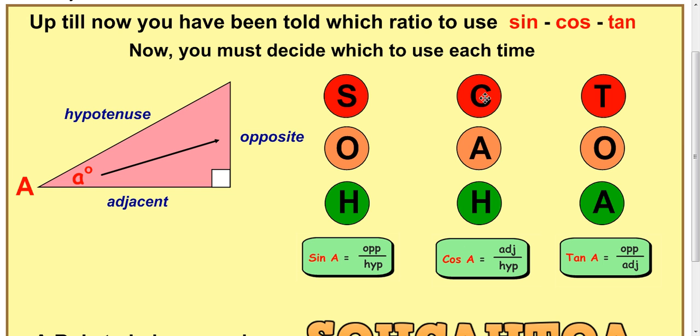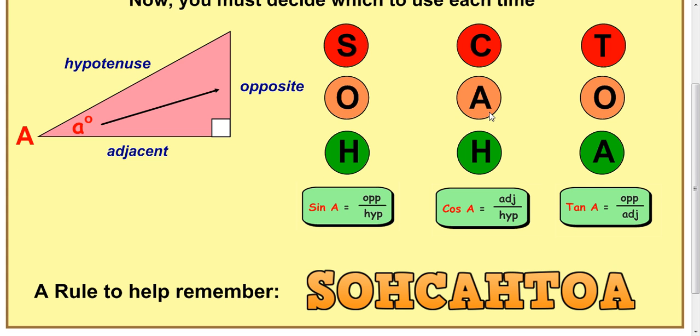CAH is cos is adjacent divided by hypotenuse, and tan is opposite over adjacent. So the S, C and T are the ratios, and the O, H and A are the sides. So these are the only letters you're going to use: O, A and H and S, C and T.